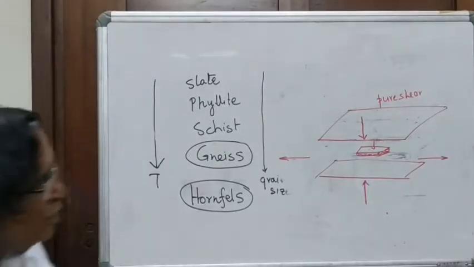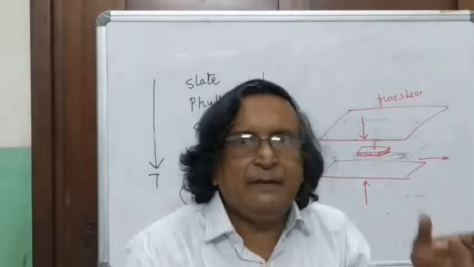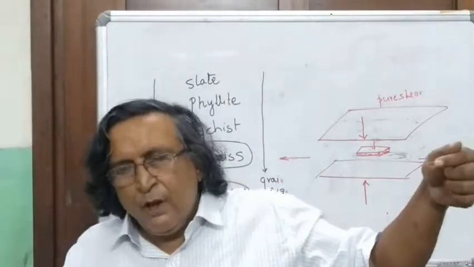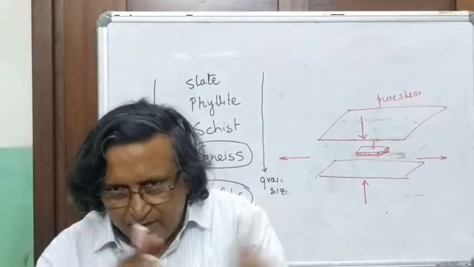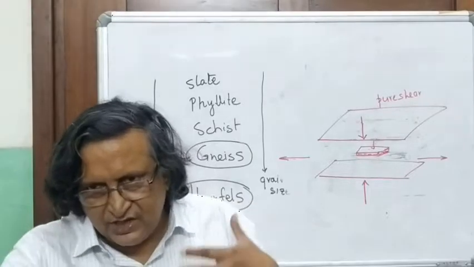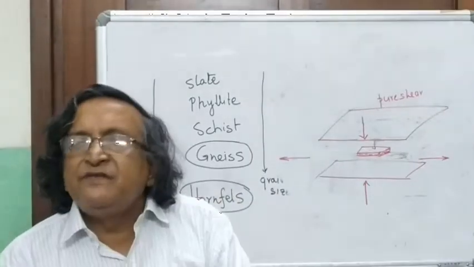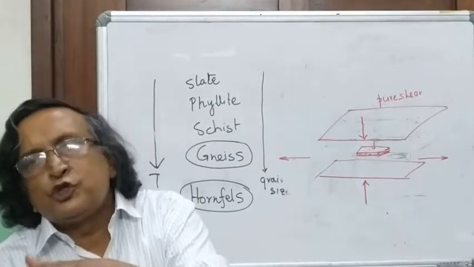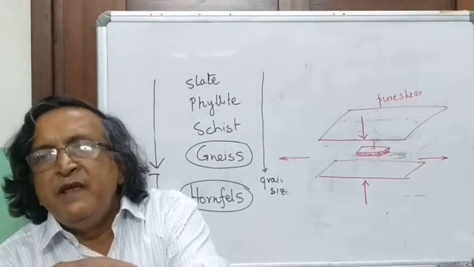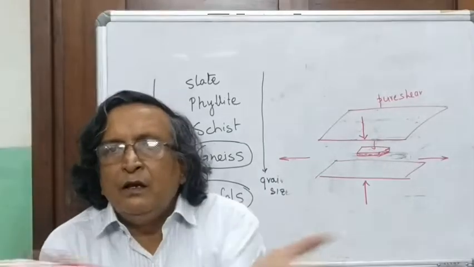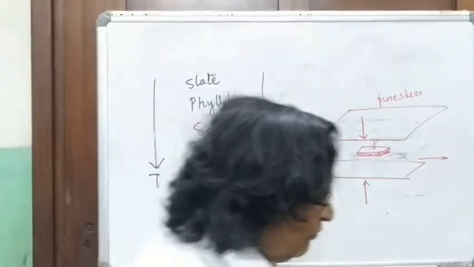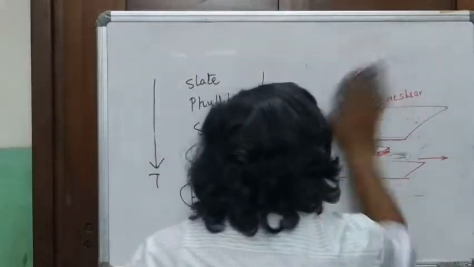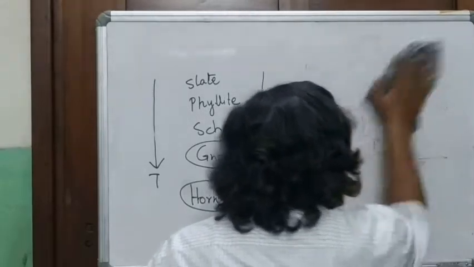Have you understood? So these anisotropic minerals with differences in sizes align themselves in such a way that their larger faces are perpendicular to the shortening direction, parallel to the extension direction.